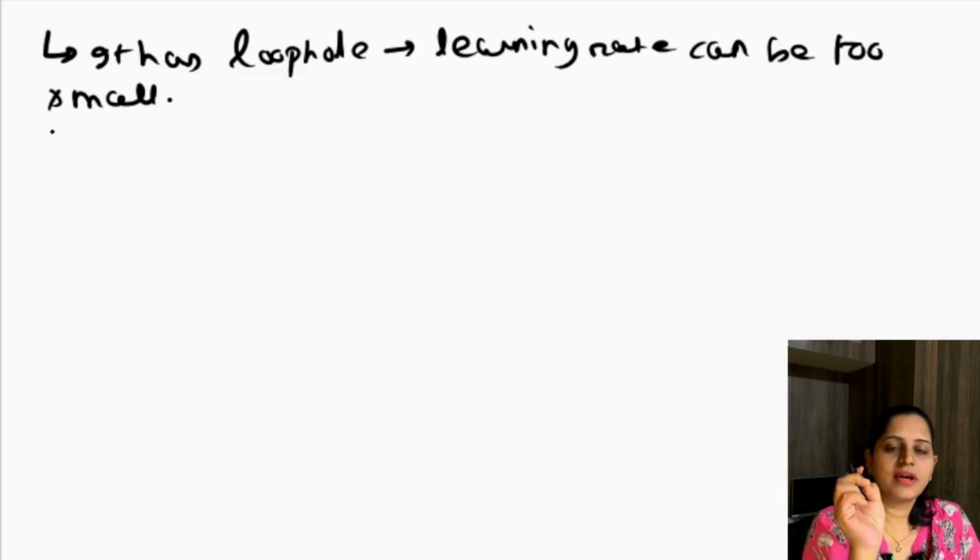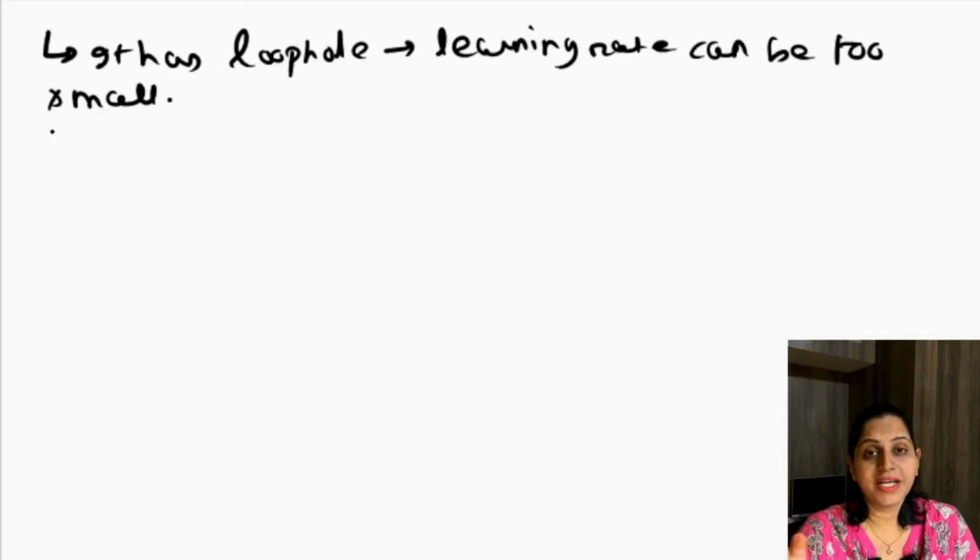That means at that place you are using a very small learning rate, because you do not want to update them, but you cannot make them zero. So you will use 0.0001 or 0.000001 like that. With that, the learning rate can become very small in those places. So that can be one of the loopholes.